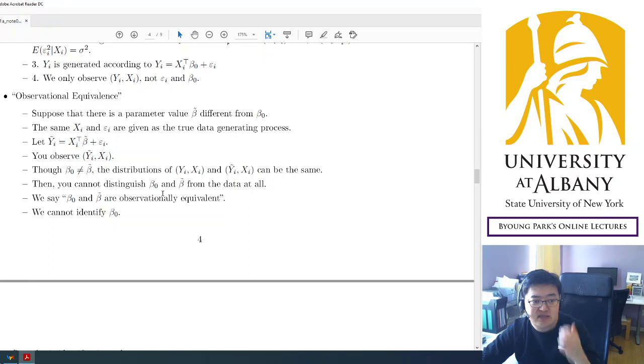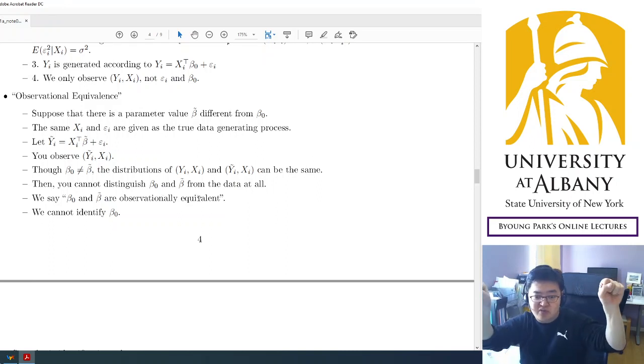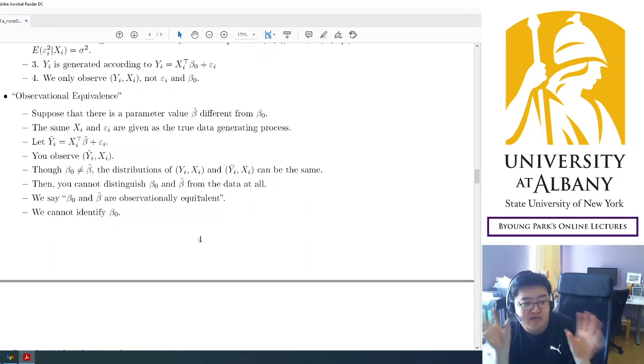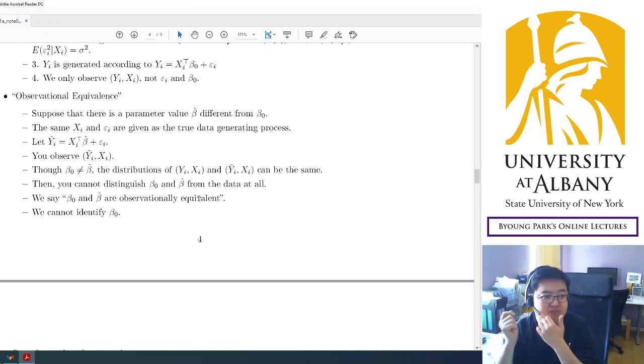And in that case, from the data, we cannot distinguish. Two data generating processes generate the same data. Then from observing this data, we don't know whether it was generated from here or there. So we cannot distinguish what is the correct data generating process, or the correct parameter value. In that case, we say beta is not identified.